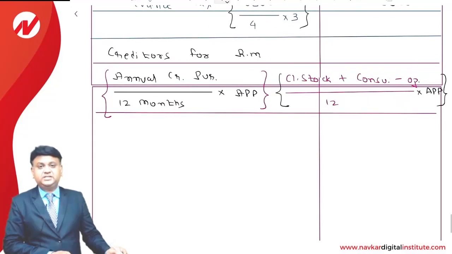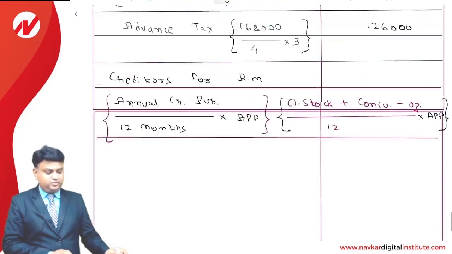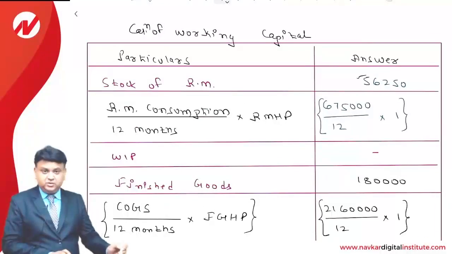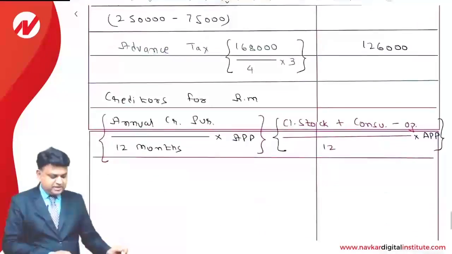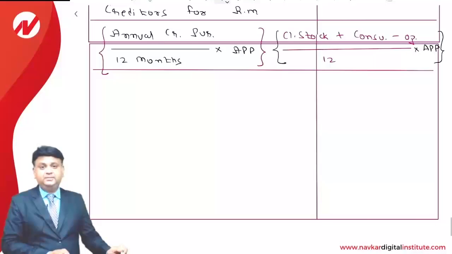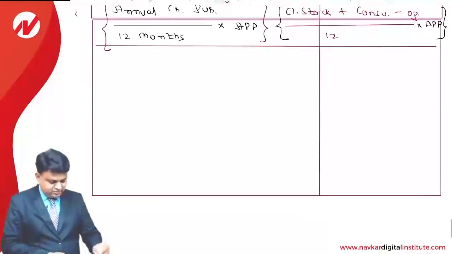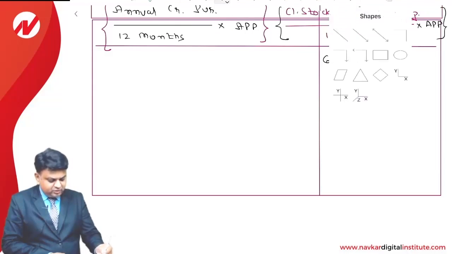Dear students, for an existing concern, we'll make an assumption that the closing stock and opening stock would be same. That is over here 56250. So in that case, the purchase will be equal to the consumption. Why? Because the opening and closing is same. That is an amount of 6,75,000. We do not have to put any note for the same.